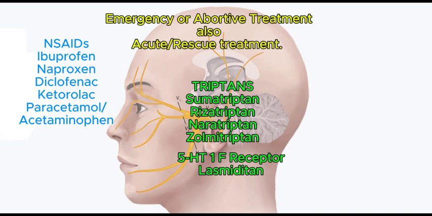Furthermore, the exact mechanism of action is unknown, but the therapeutic effect of lasmiditan in the treatment of migraine probably involves agonist effect on the 5-hydroxytryptamine 1F receptor, reduced release of neuropeptides, and inhibition of pain pathways, including the trigeminal nerve.